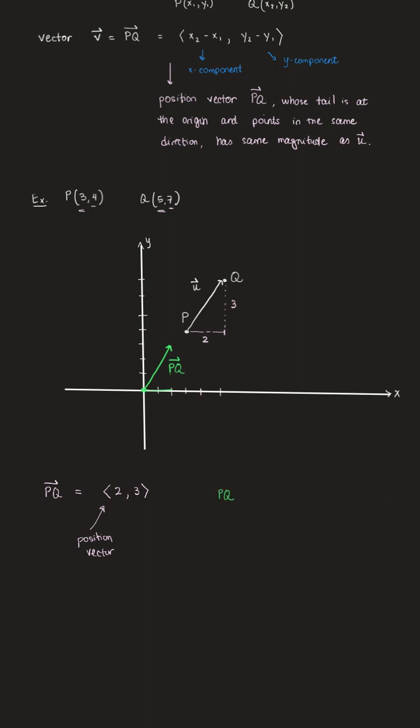So this position vector starts at the origin, tail is at the origin, same magnitude and direction as vector u.